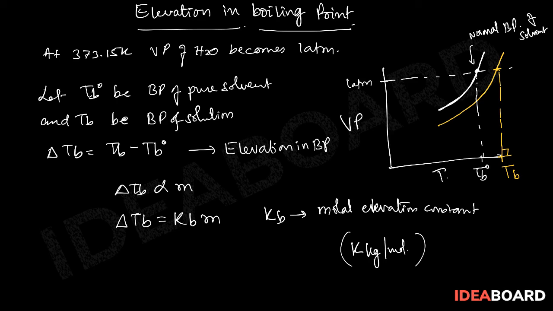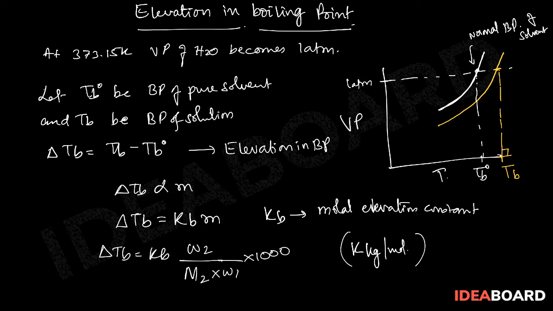Let us relate this molality to molar mass now. So this delta Tb can be equated to Kb into molality, which can be written as W2, where again going back to the same notation, W2 is the weight of solute, divided by molar mass of solute into weight of solvent in gram into 1000.